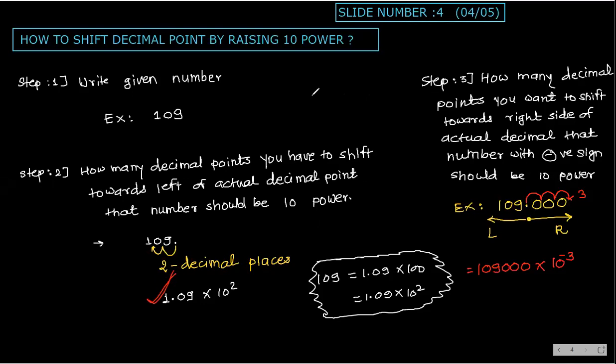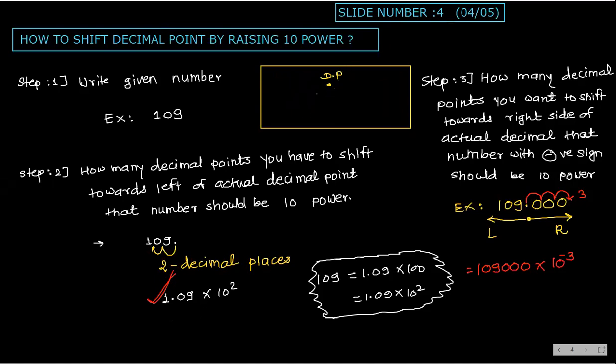Understood? So here I am keeping one box. Just see. So this is a number. This is the decimal point.